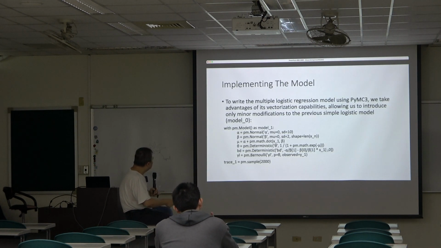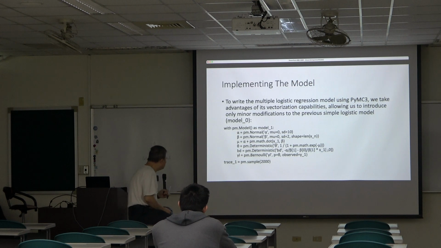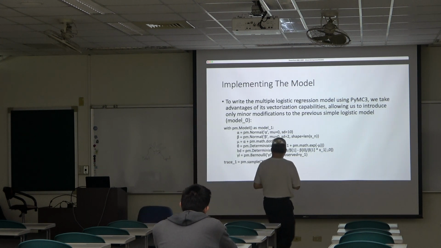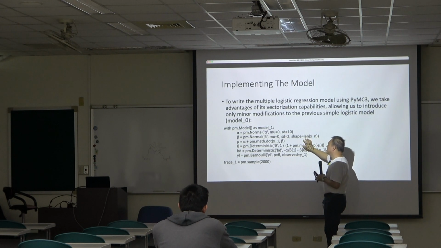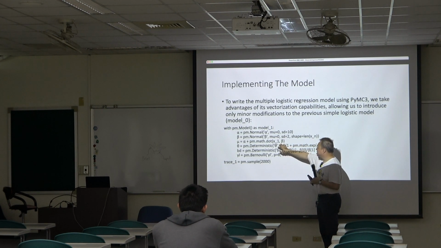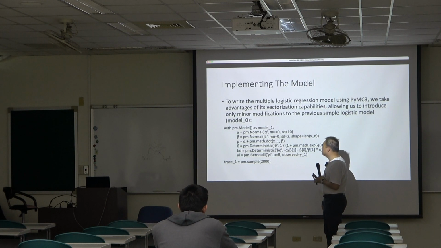So we can implement this model, which looks almost identical to the simple logistic regression one. The only difference is that the shape of beta is the length of x, which in this case is two different features. Here we use matrix multiplication, which gives you the linear combination of alpha plus x beta.